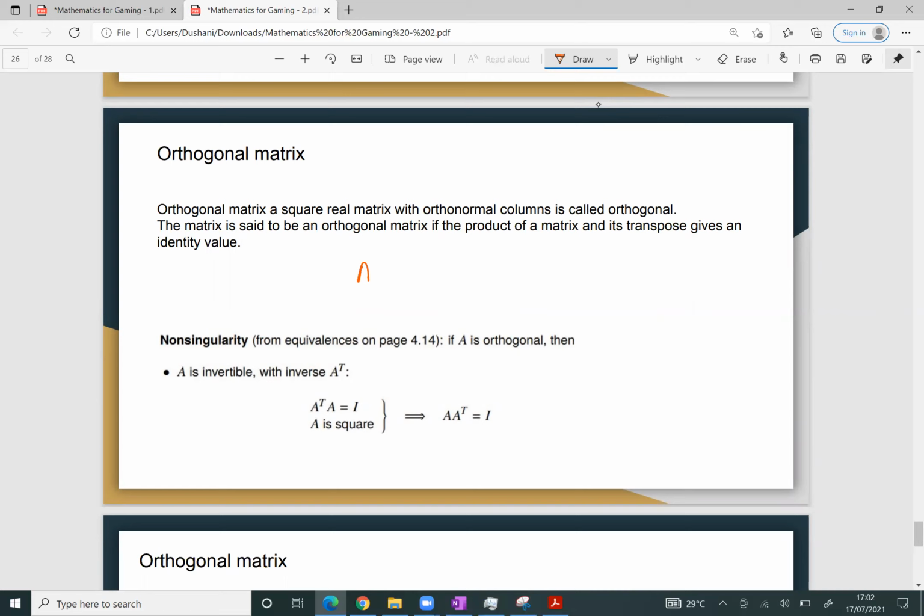If the product of a matrix and its transpose gives you an identity matrix, then we call that matrix an orthogonal matrix. So that is to say that these two matrices are perpendicular or they form a right angle.